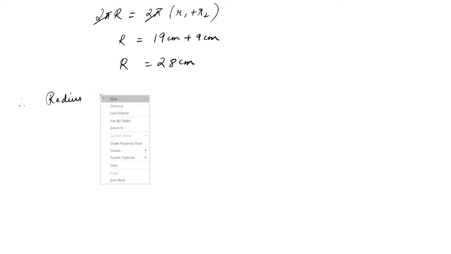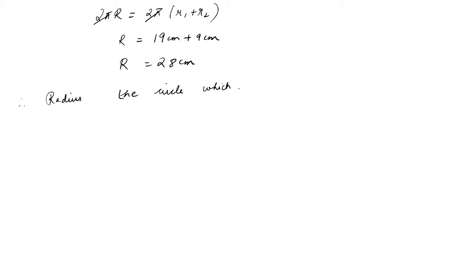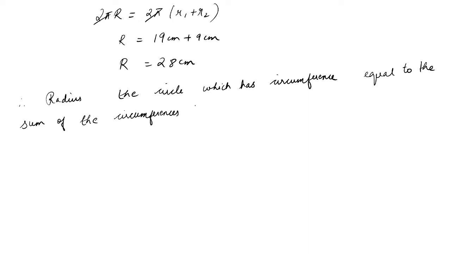Only for this I'll be writing it: radius of the circle which has circumference equal to the sum of the circumferences of the two circles is equal to 28 centimeter. Okay, so this is the answer.